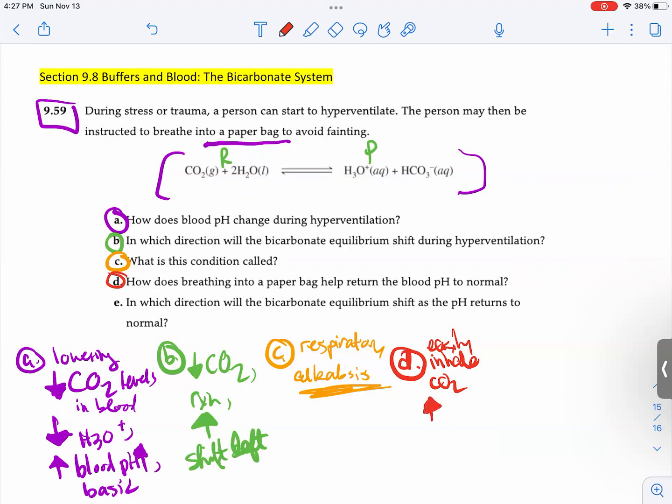So increasing the reactant, like what the reaction wants to do to maintain equilibrium. Because this time we are increasing the reactants, the reaction will want to decrease reactants.